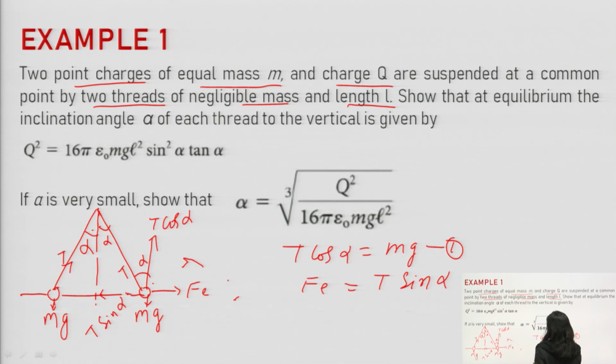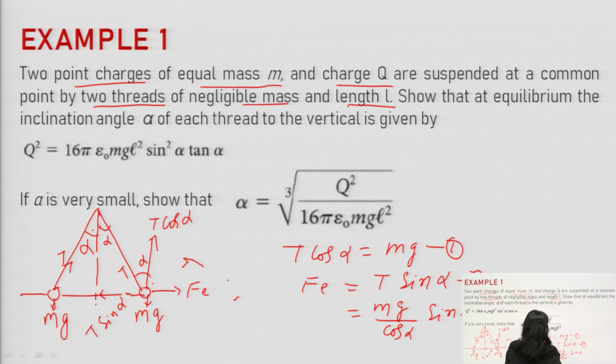This T can be replaced by the value from equation 1. From equation 1 we can get the value of T as mg by cos alpha, times sin alpha. So it can be written as mg tan alpha, since sine by cos is tan.